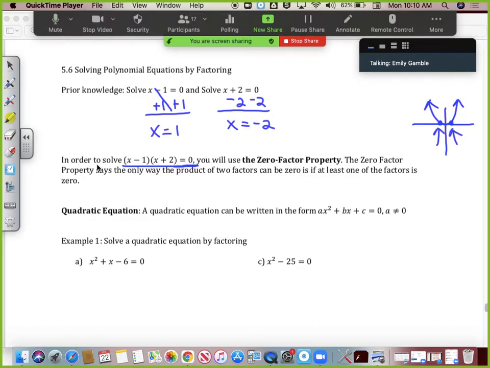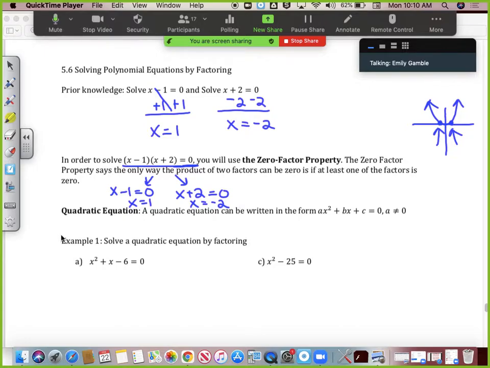Like x minus 1 times x plus 2 equals 0 can be separated into x minus 1 equals 0 and x plus 2 equals 0, which is what we solved up here. When you solve these 2 equations, you get 2 separate answers, which says that the parabola would cross the x-axis at 1 and at negative 2.